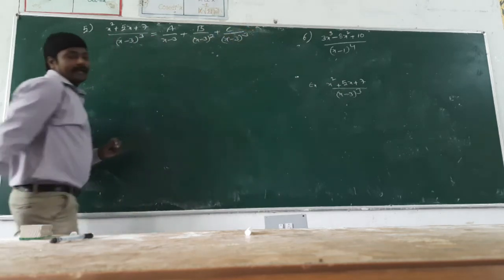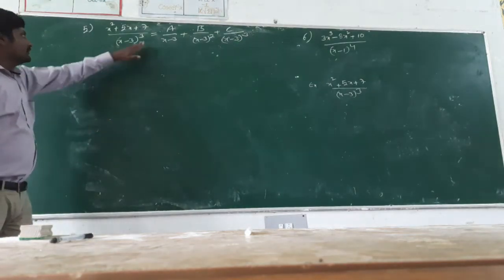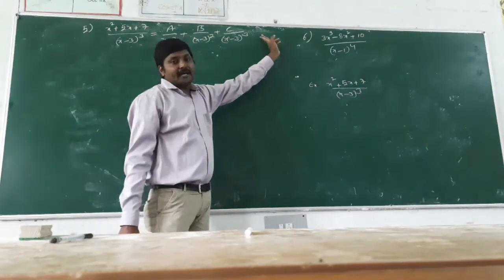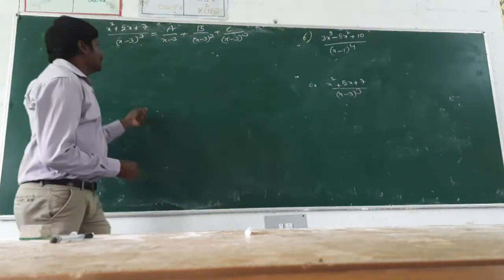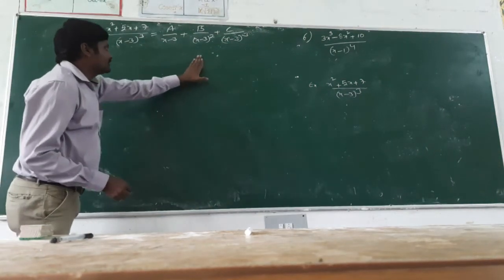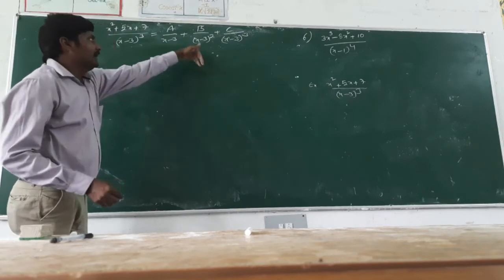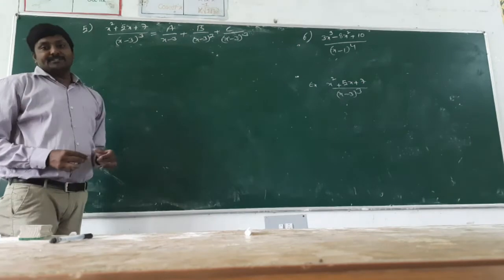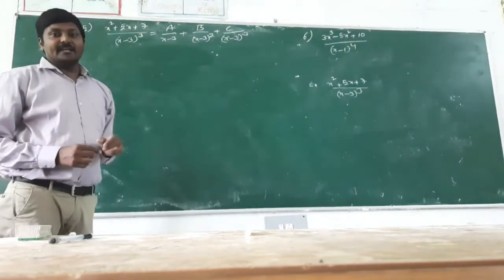If we have power 4, we take d by x minus 3 whole power 4. Then we simplify using the LCM, substitute x equal to 3, and get the values of a, b, c. But this is a very lengthy method.